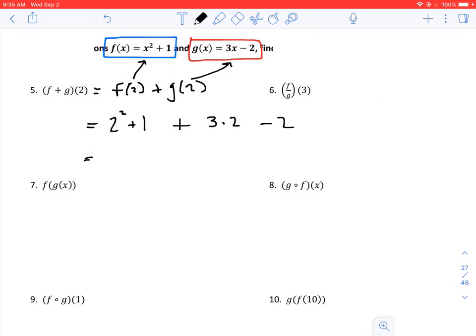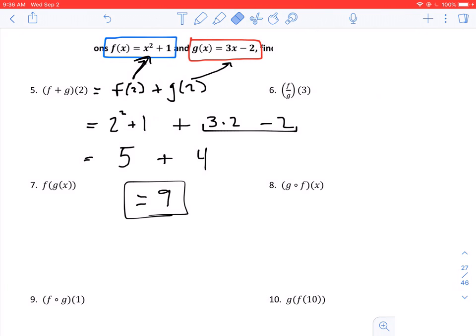A lot of you are probably doing this way faster, but we plugged in a 2 for x into the blue function and got this. We plugged a 2 into the red function and got this, and then we're going to add those answers. Okay. 2 squared plus 1 is 4 plus 1, or 5, plus 3 times 2 minus 2 is like 6 minus 2, or 4, and 5 plus 4 is 9. Awesome.